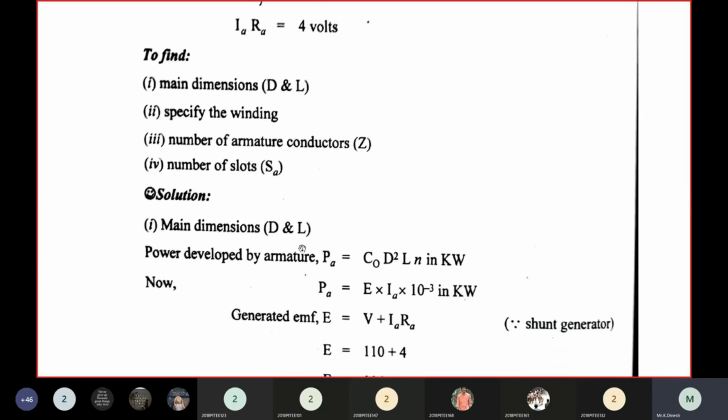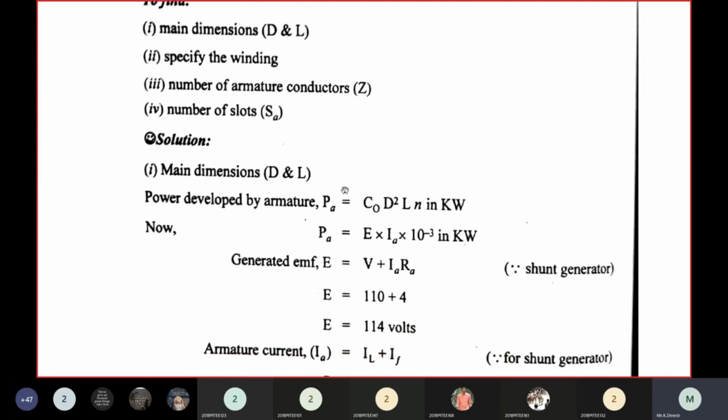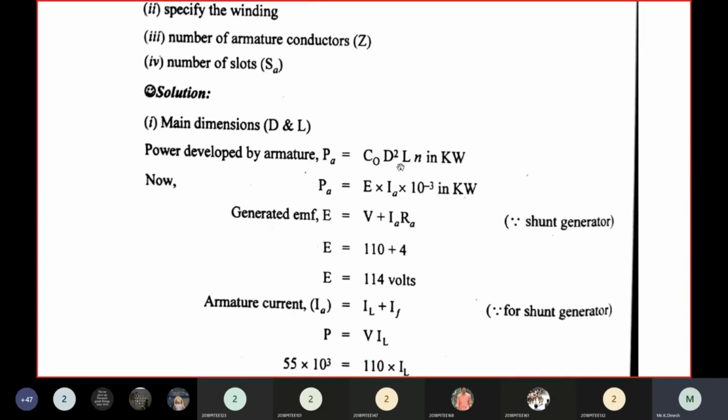So first we have to calculate our main dimensions, whatever we discussed in the first 1 to 6 problems. So we know that PA equal to C naught D square L N in kilowatts. And also we write PA as E Ia into 10 power minus 3 in kilowatts. So we know that generated EMF for a generator is V plus IaRa. V is given, IaRa is also given, so 114 volts.